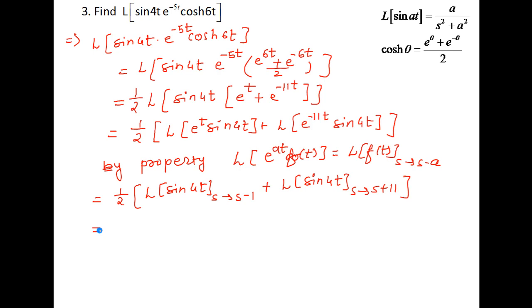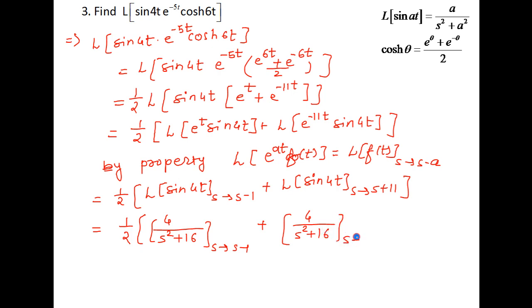And now taking the Laplace of sin 4t, you can see the result: sin at is a upon s square plus a square. So here it is 4 upon s square plus 16, and replace s by s minus 1, plus 4 upon s square plus 16, and replace s by s plus 11.